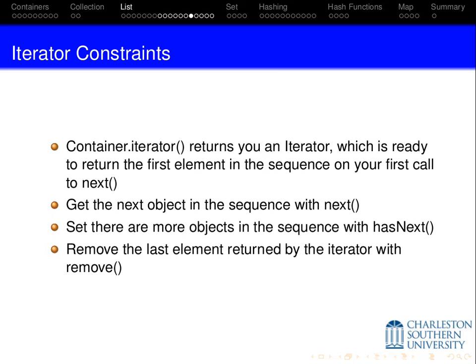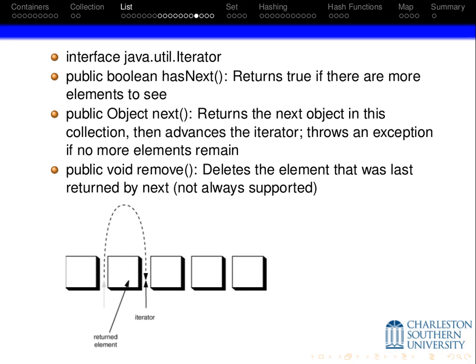All right, so we talked about how the iterator works. So that's at least pictorially, if we're doing an iteration on an array or just a list, maybe your iterator is pointing here, and then when you call next, the iterator jumps over to the next position and returns this element. And then if you call next again, it's going to jump over to the next element and return this element.